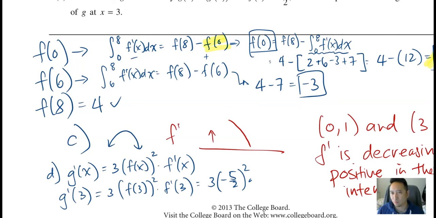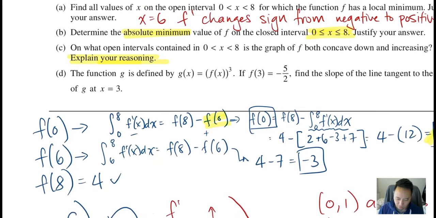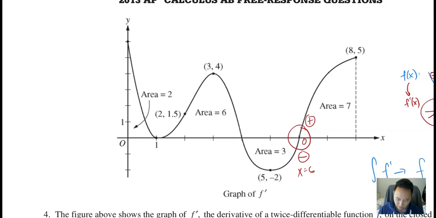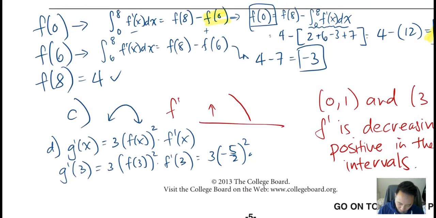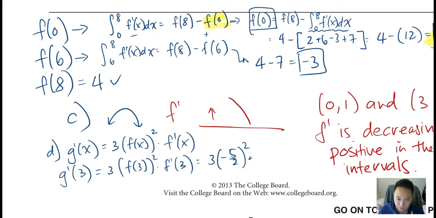That's the slope of f at 3. Well, I'm going to go to my slope graph and identify at 3, my slope value is 4, right? So this will be just multiplied by a 4 there. And if you simplify that, you should get a value of 75. So that's my answer for part D. Okay, and that's it for now, guys.